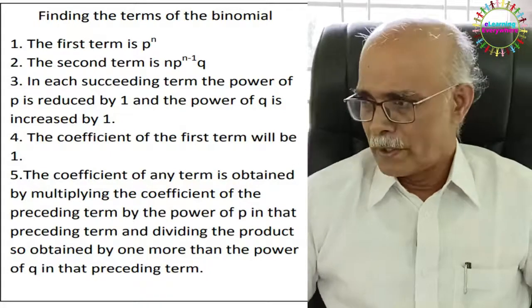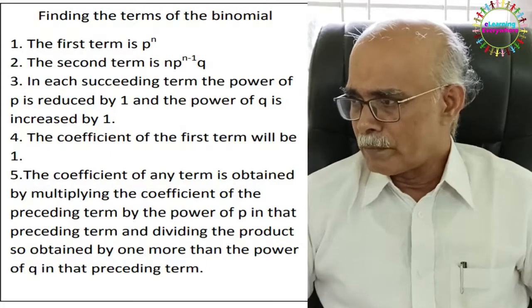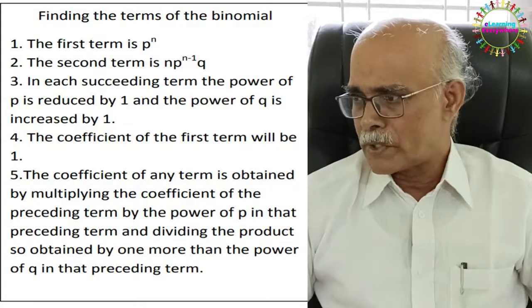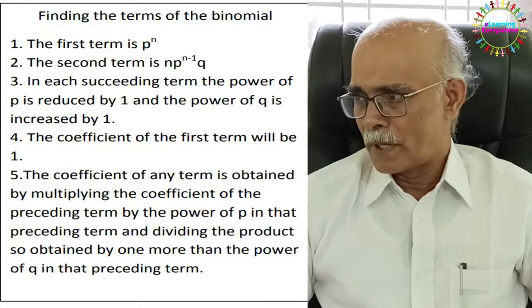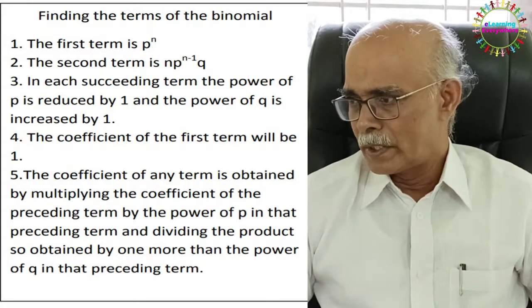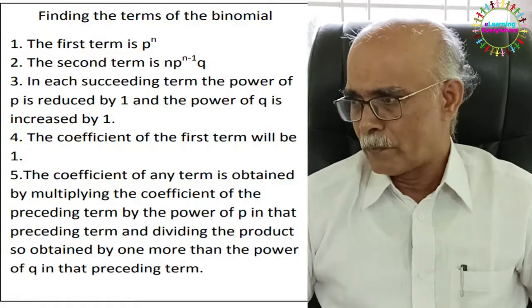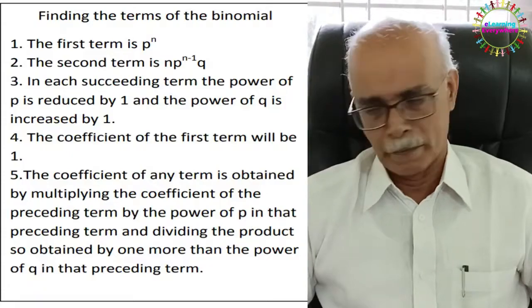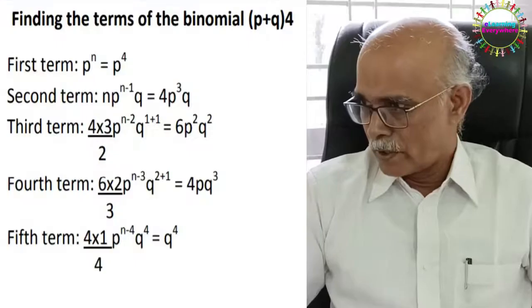If I repeat, the coefficient of any term is obtained by multiplying the coefficient of the preceding term by the power of p in that preceding term and dividing the product so obtained by 1 more than the power of q in that preceding term. For example, let us find out the terms of the binomial p plus q raised to 4.